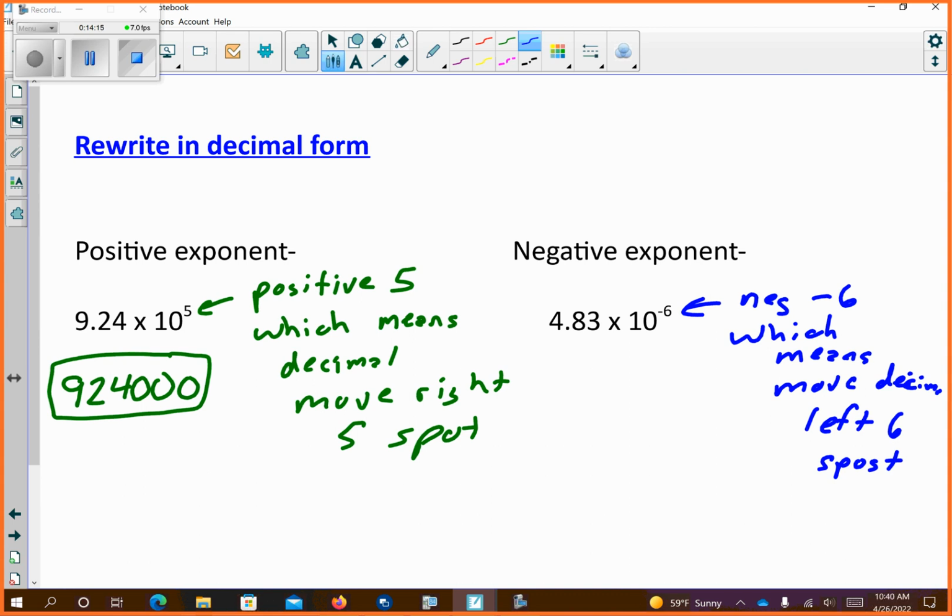Ooh, there's a little dyslexia. 6 spots. Now I'm moving the decimal this way 6 spots. So originally my decimal was here. If I moved it 1, 2, 3, 4, 5, 6, that's 6 spots left.